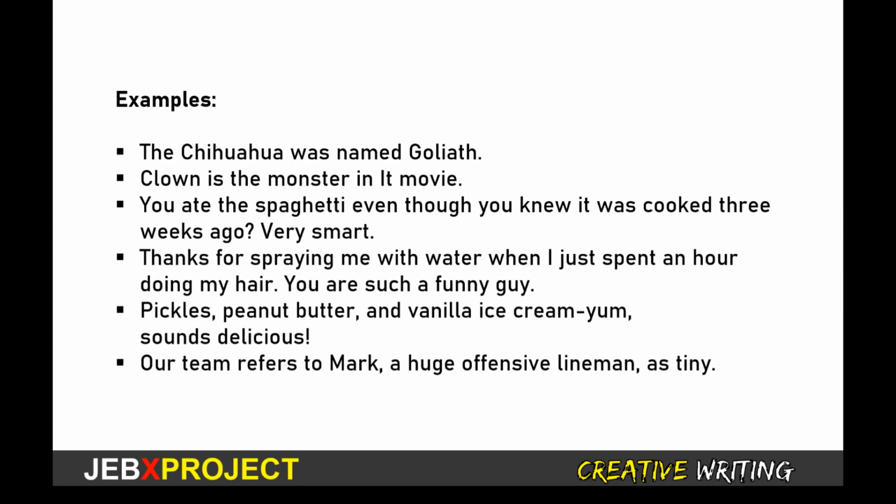But in this example, Hulk is a small person. So that is antiphrasis. Another example, we have clown is the monster in It movie. So you see, clown is supposed to be funny, right? And is child friendly, kumbaga.